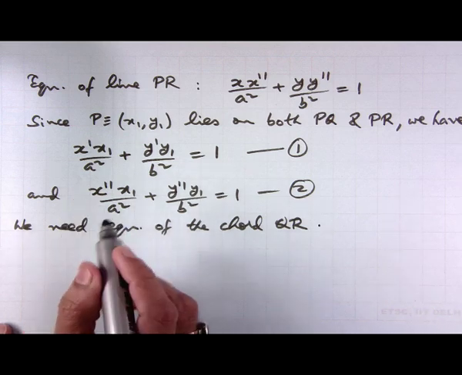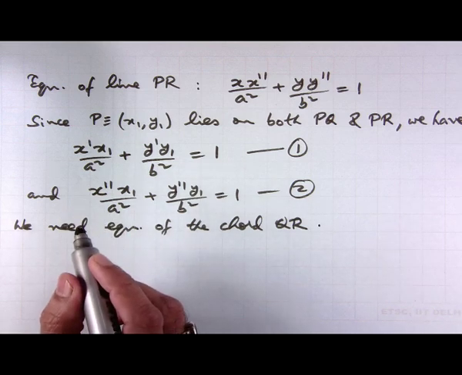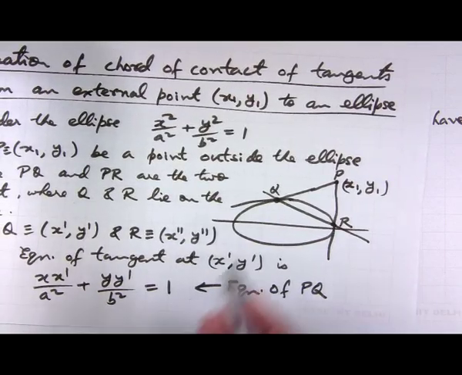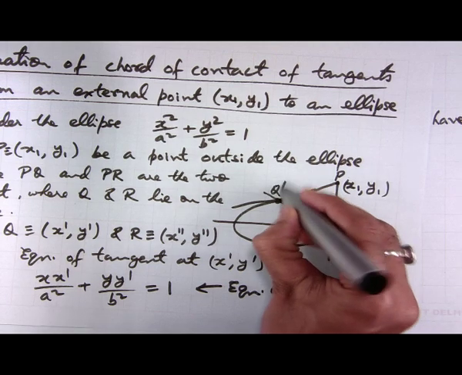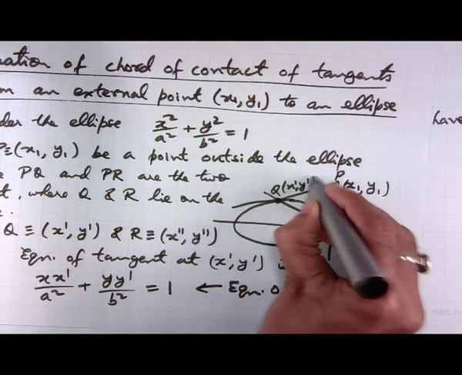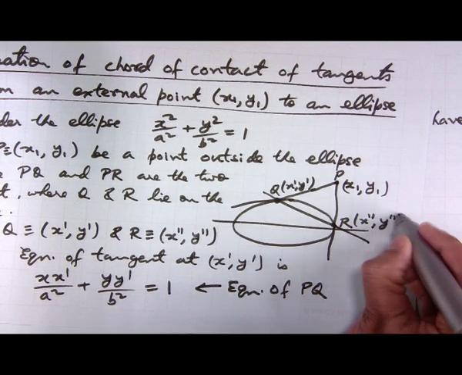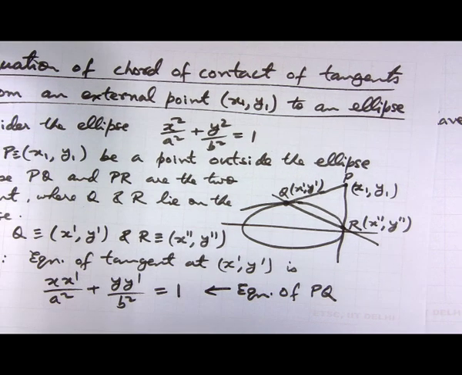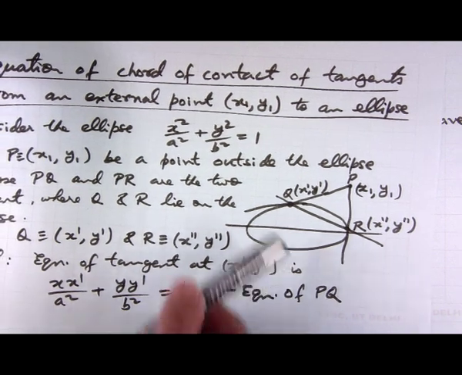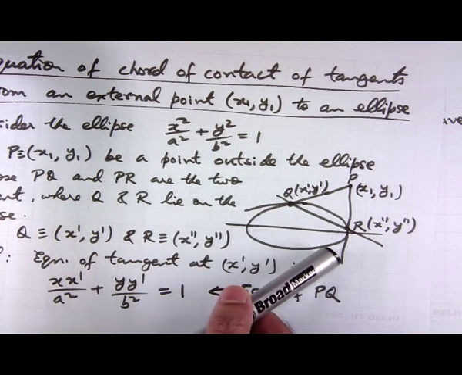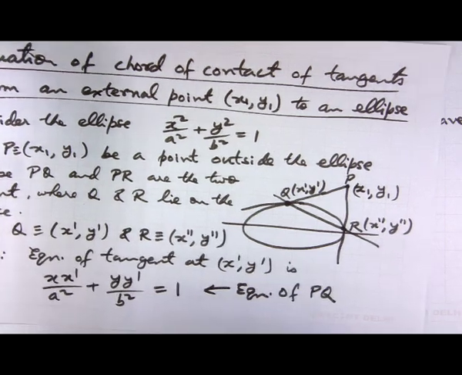So, notice that Q and R are the points x dash y dash and x double dash y double dash. If we have any straight line on which these 2 points lie, then that will be the equation of the straight line QR.